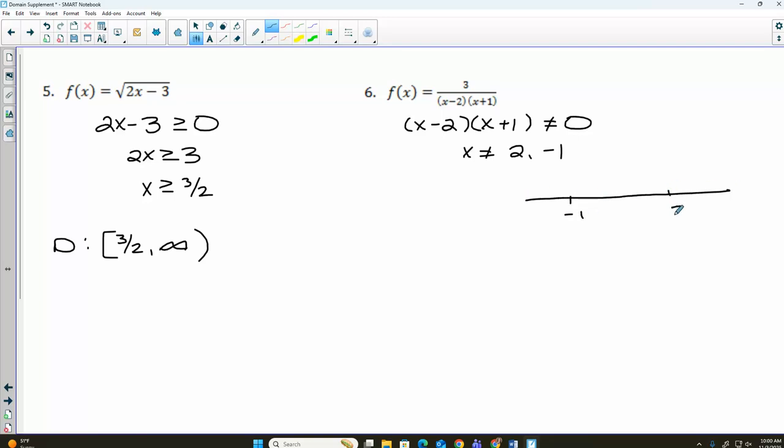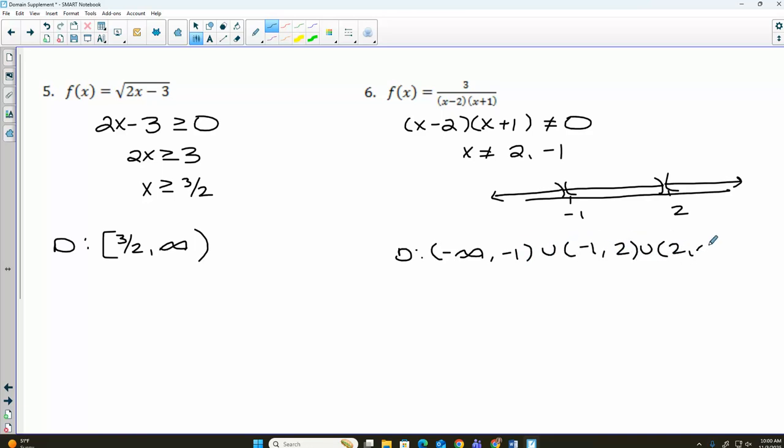If you have multiple values x can't be, it's everything except the negative 1 and the 2. And so what happens is it breaks it into 3 pieces. So it would be like negative infinity to negative 1, union negative 1 to 2, union 2 to infinity. Everything's smaller than negative 1, between negative 1 and 2, and bigger than 2.